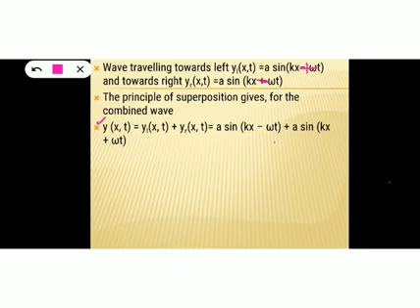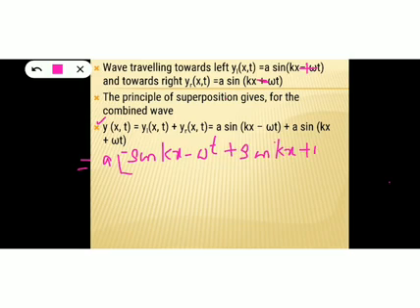This is in the form A into [sin(kx minus omega t) plus sin(kx plus omega t)], where A is the common factor. Now the terms inside the bracket are in the form sin A plus sin B. So what is sin A plus sin B?